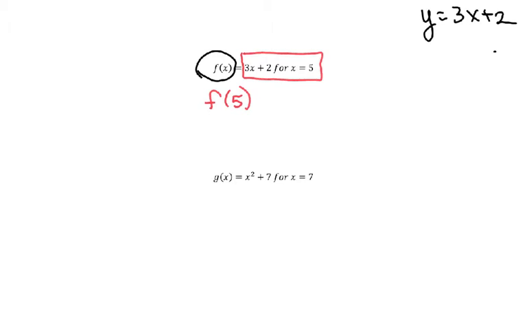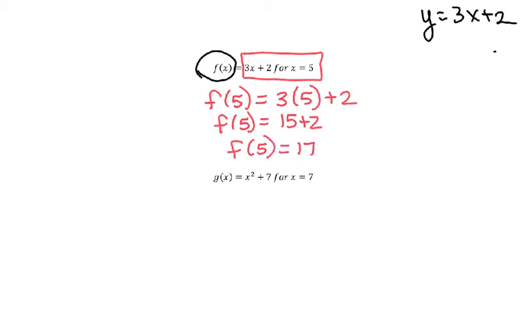F of 5 equals 3 times 5. And I always put the 5 in parentheses, especially if you're going to multiply it by a negative number, or it's a negative number, or you can square it or something. Negatives can get lost easily if you don't do that. So that's my caution to you. Plus 2. So we find that f of 5 equals 15 plus 2, or when we get right down to it, f of 5 equals 17.